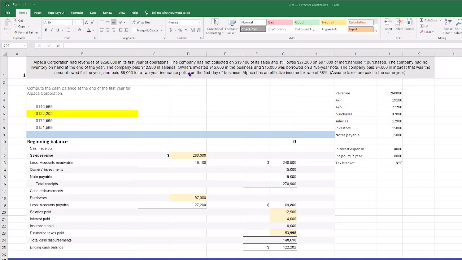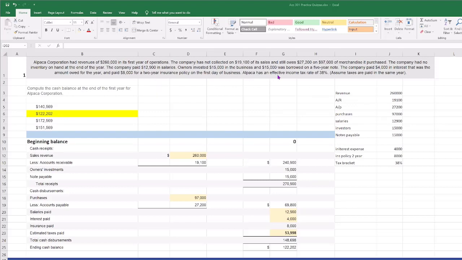The company paid $12,900 in salaries. The owners invested $15,000 in the business and borrowed $15,000 in a 5-year note, so notes payable. The company paid $4,000 in interest, so interest expense, and the company paid $8,000 for a 2-year policy. 2 years, keep that in mind, don't let that mess you up.